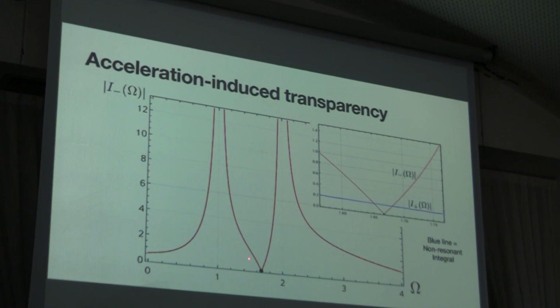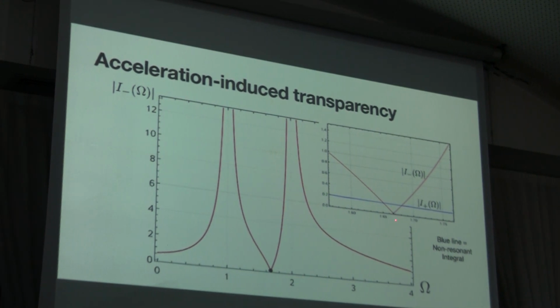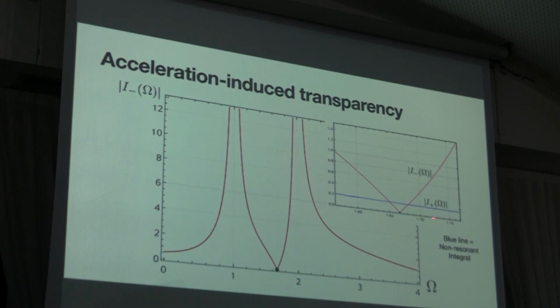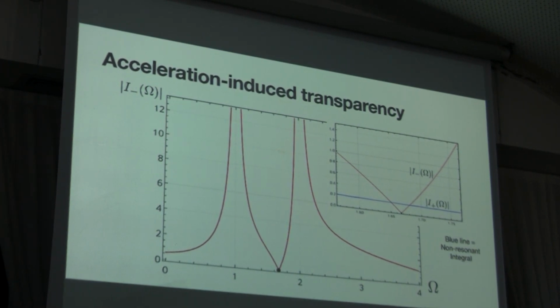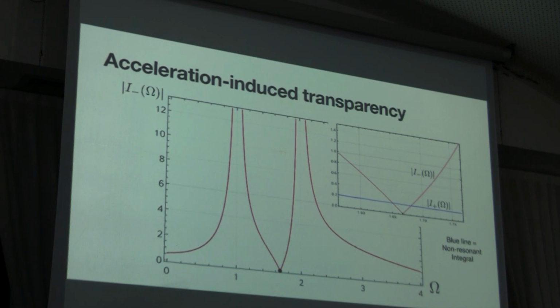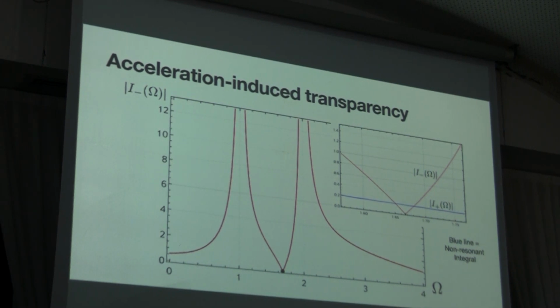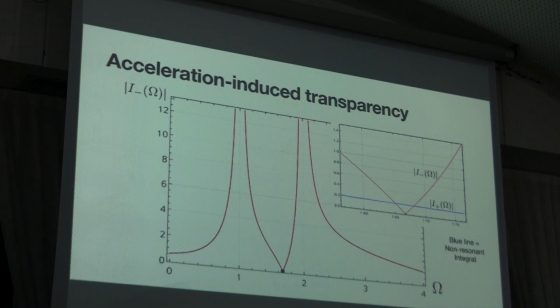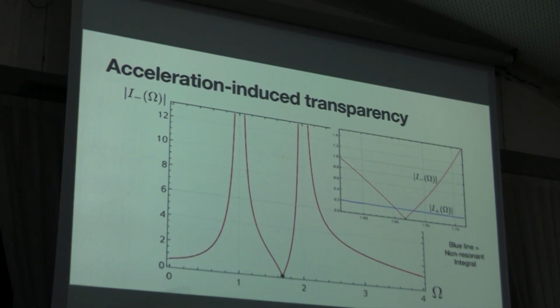And when we zoom into this point, we can see that indeed it goes to 0, while at the same time the blue curve shows you the I plus integral, the Unruh effect integral, and that one is non-zero. So that tells you that if you do the experiment with these parameters, and the detector gets excited, it's only due to Unruh effect interaction terms.